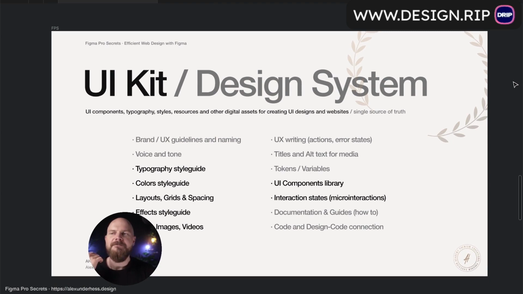One additional thing, because I was talking about design systems and UI kits: I recommend you understand that sometimes a UI kit can be a design system, but in general, a design system is much more than a UI kit. A UI kit is a collection of reusable components that you can use in your design.